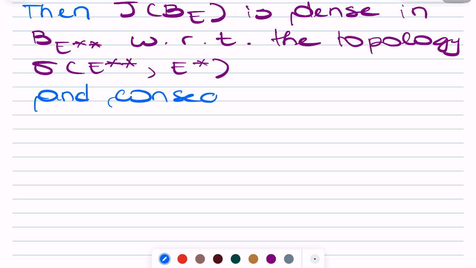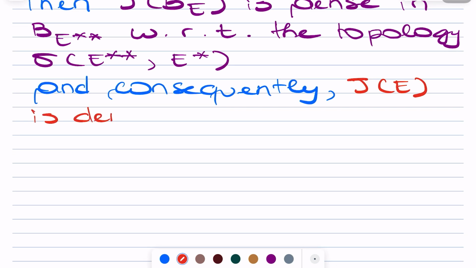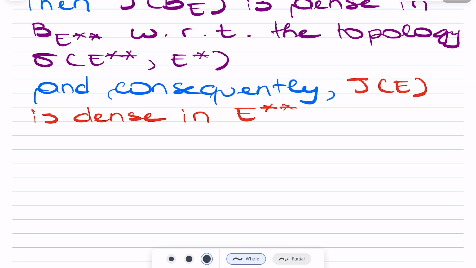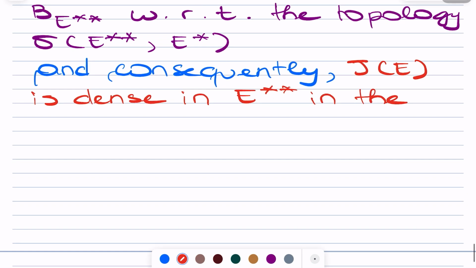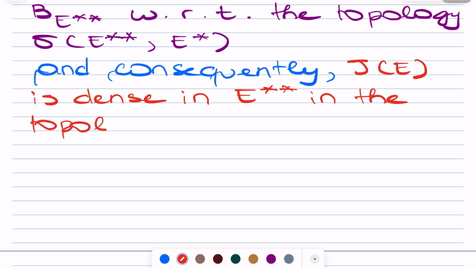Consequently, the image of the whole space E is dense in E star star in the topology sigma(E star star, E star).